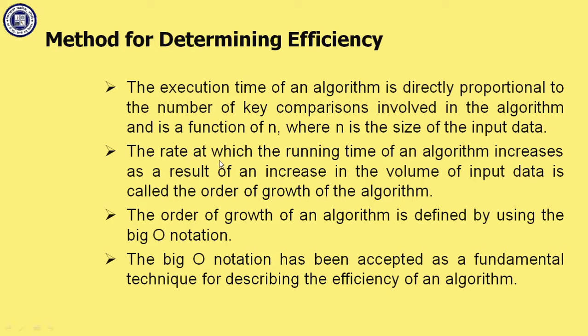So the rate at which the running time of an algorithm increases as a result of the increase in volume of input data is called the growth of the given algorithm.